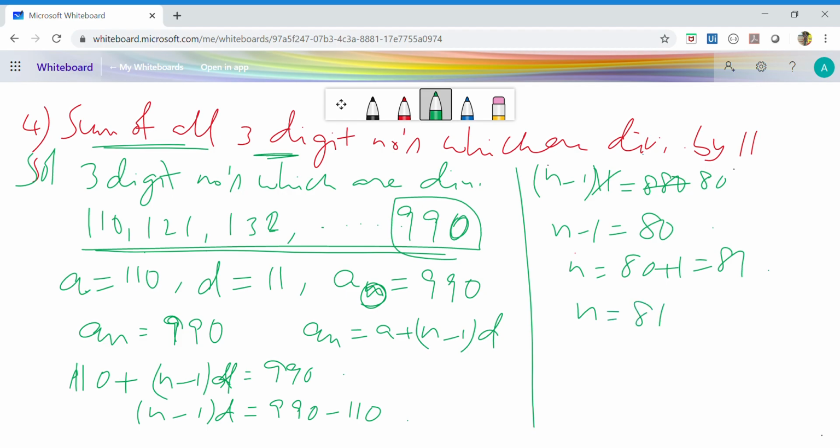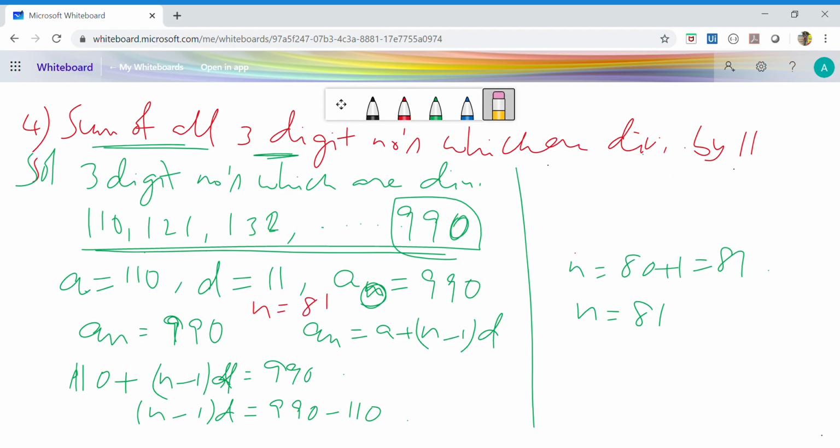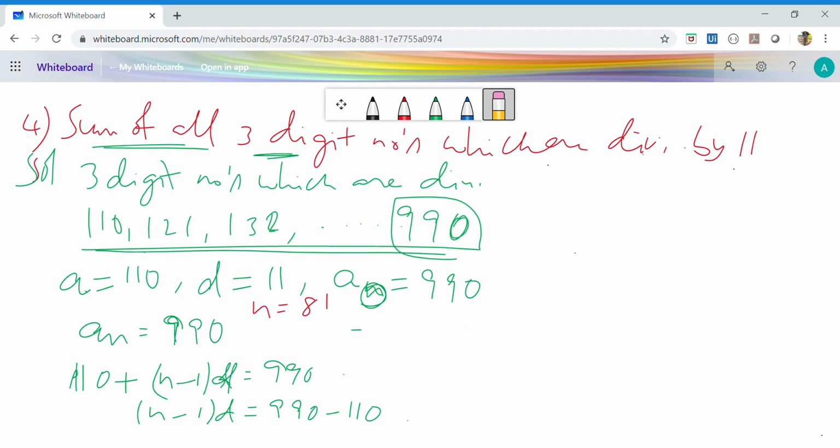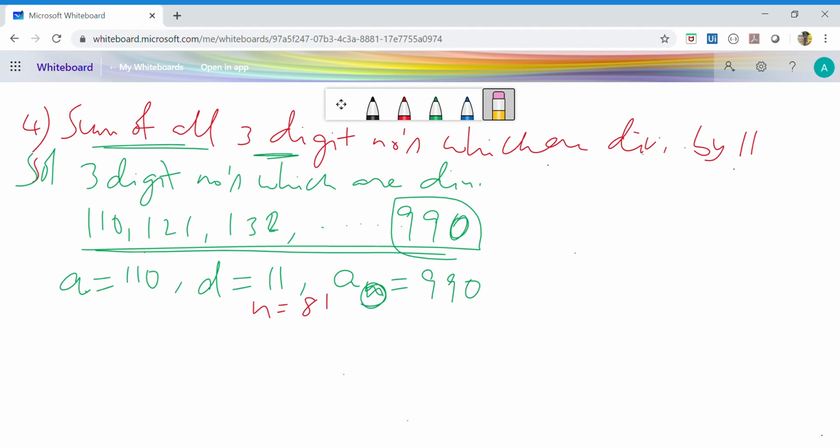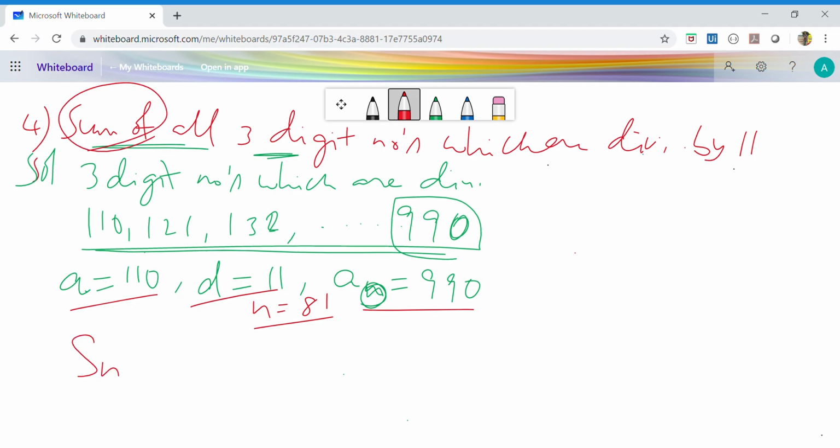So what have we got here? A is there, D is there, and n is also there. N is 81. Now come to the question after getting this. So A is 110, D is 11, N is 81, AN is 990. Then what he asked is the sum of all. What is the Sn formula? Sn is equal to n by 2 into (A plus AN), and also we can write 2A plus (n minus 1) D. Here A is there, AN is there, so that's why I substitute this.